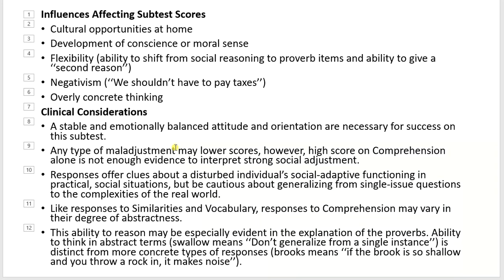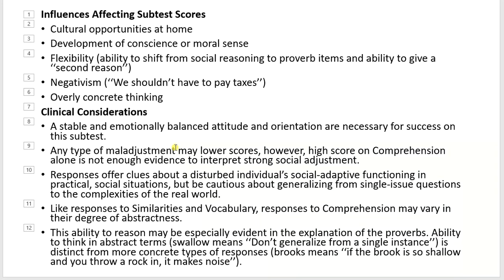Similarly, the content of responses also offer clues about the mental disturbances of the individuals, social adaptive functioning, social situations, and like response to similarities and vocabulary, response to comprehension may vary in their degree of abstractness. That should also be considered. And this ability to reason may be especially evident in the examination of the proverbs.